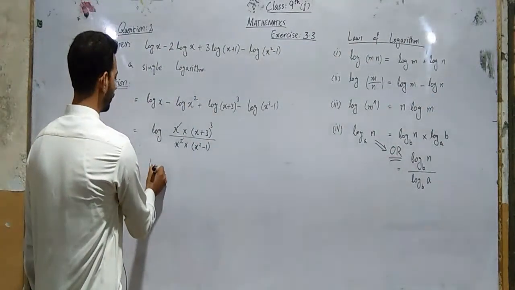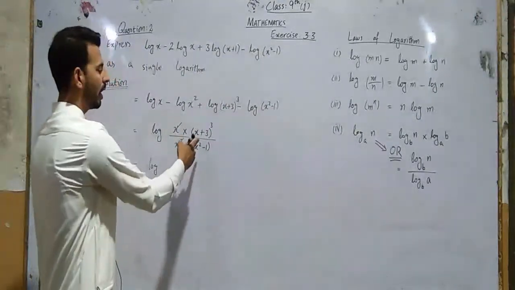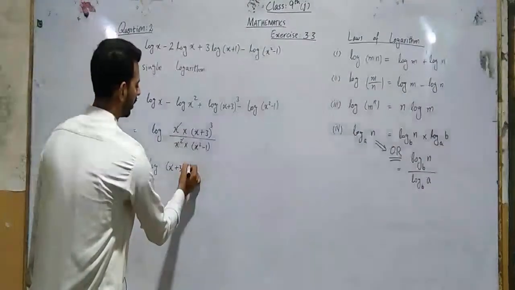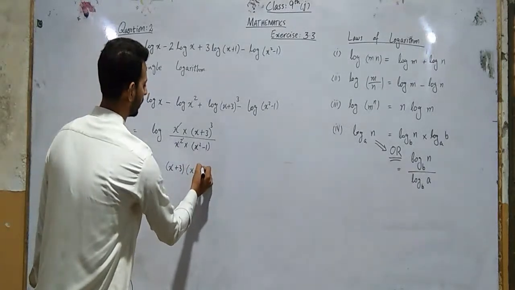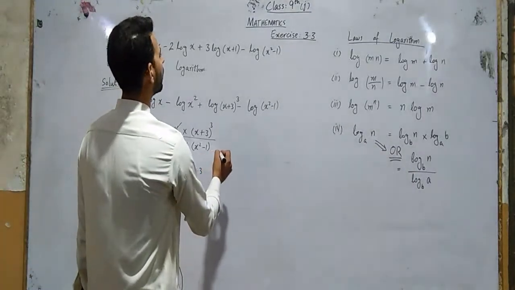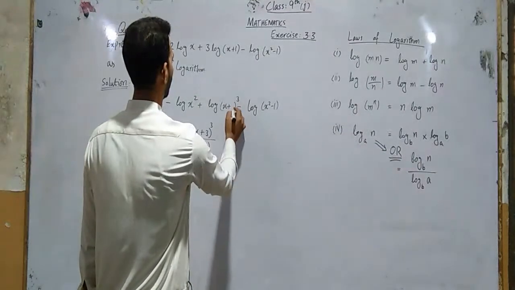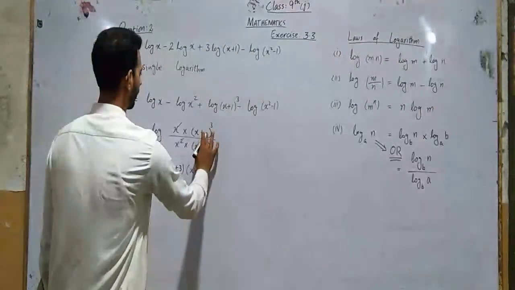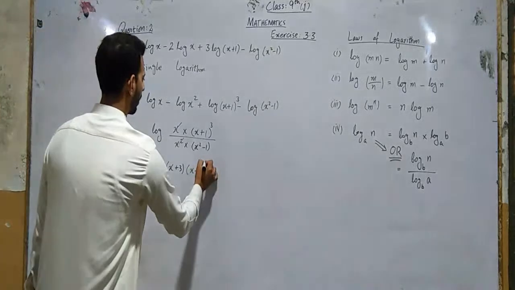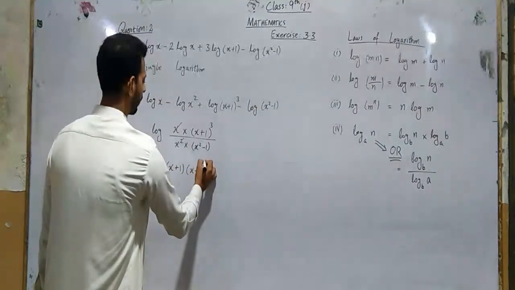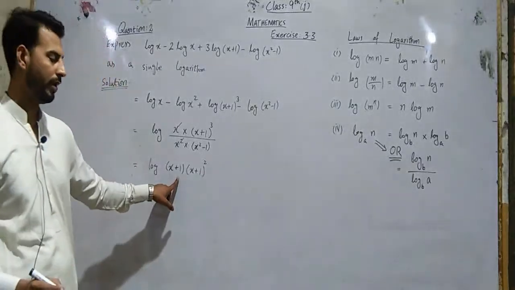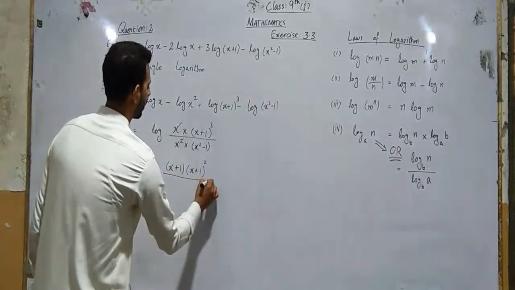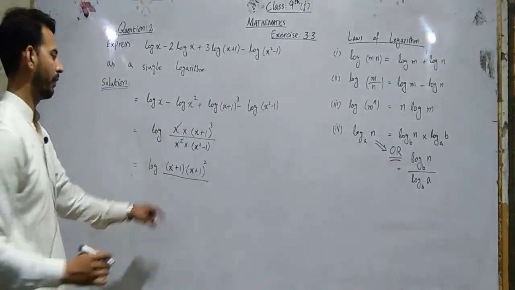So log of this value, we can write it as x plus 1... Sorry, this is not 3, this is 1. So we can write it in this way, x plus 1 into x plus 1 squared, because it is cube, so we can write it in this way.